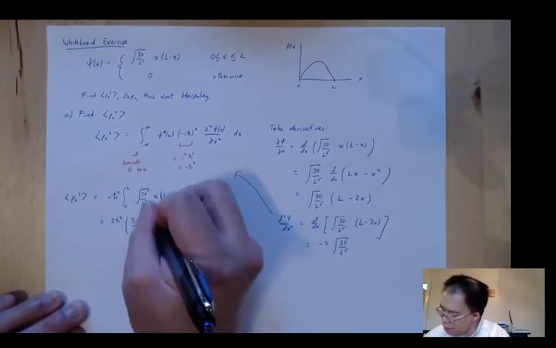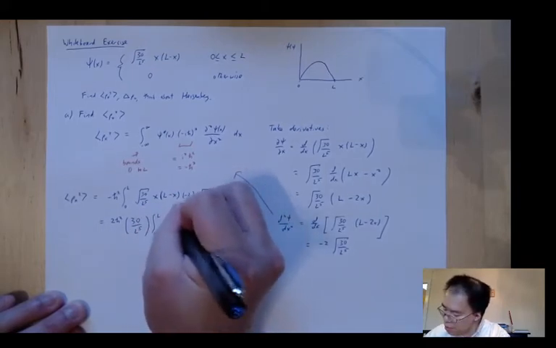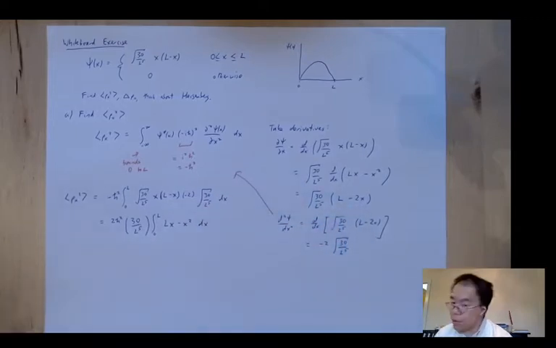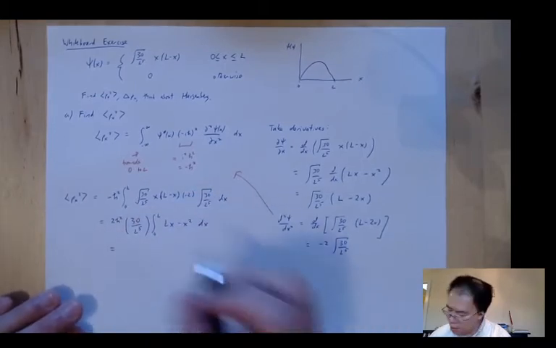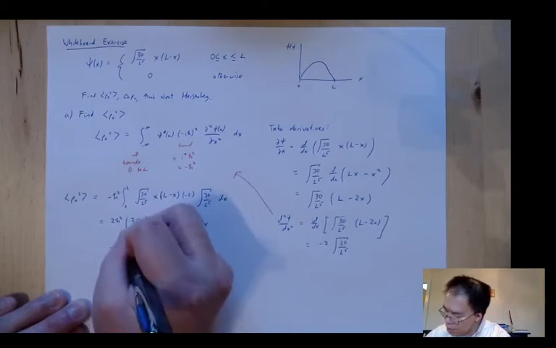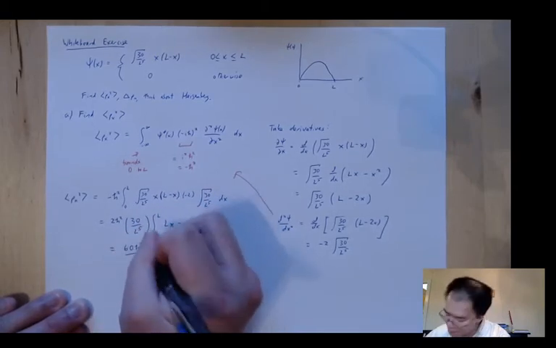I'll multiply out again. Integral from 0 to L of Lx minus x squared dx. Now this is a polynomial, so we can integrate that straight away. I'll simplify the outside here. 2 times 30 gives me a 60 h bar squared over L to the fifth.